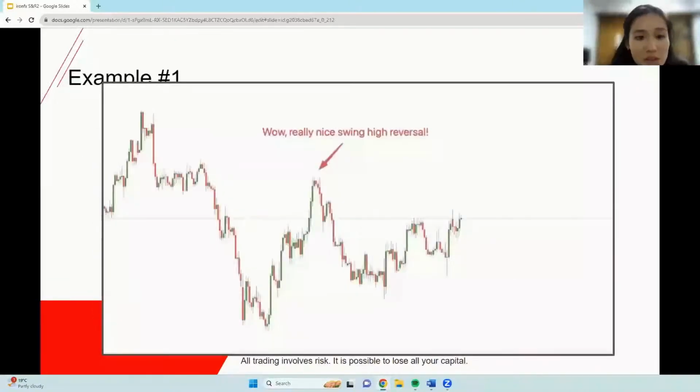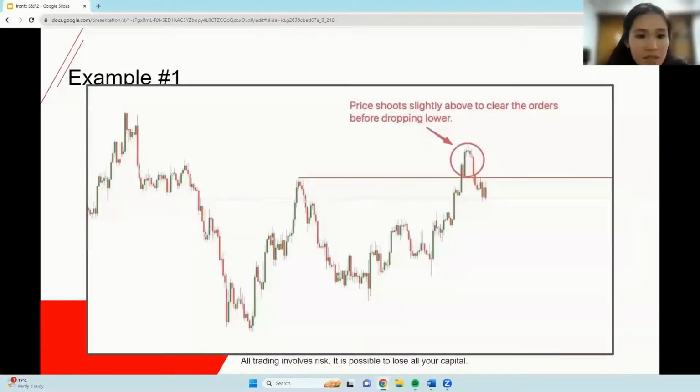So here's an example of a liquidity trap. Firstly, we see price reversing at the swing high. Once price surpasses the swing high resistance, it clears the orders and then drops below the resistance again.